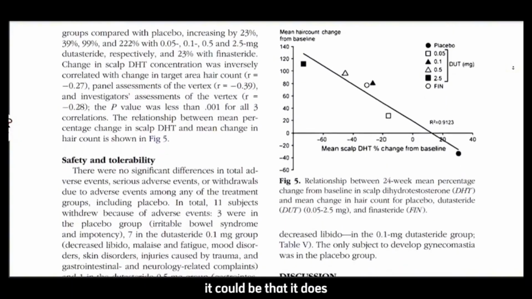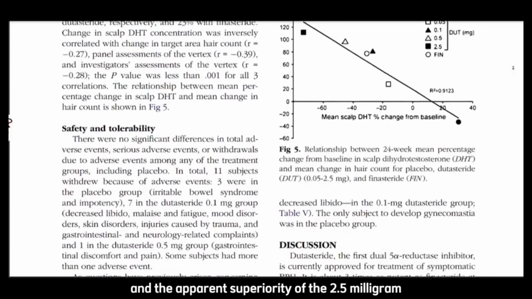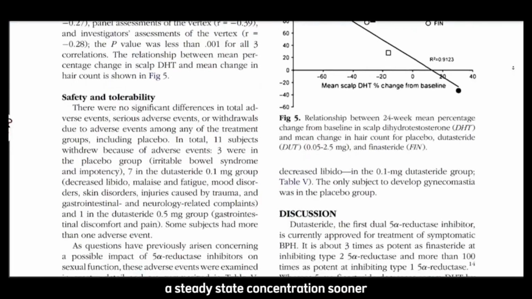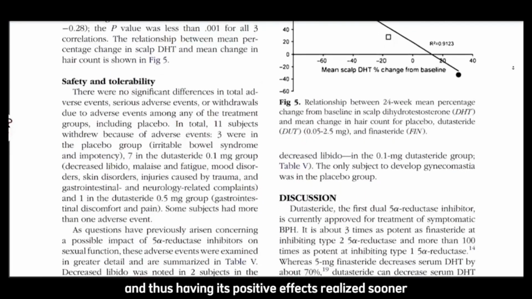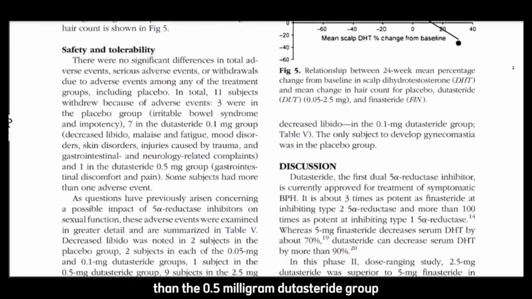It could be that it does, and the apparent superiority of the 2.5 milligram dutasteride group is merely due to the drug reaching a steady state concentration sooner and thus having its positive effects realized sooner than the 0.5 milligram dutasteride group.